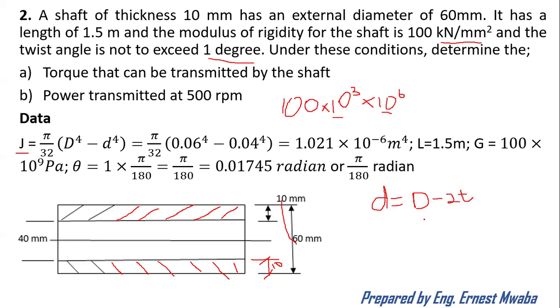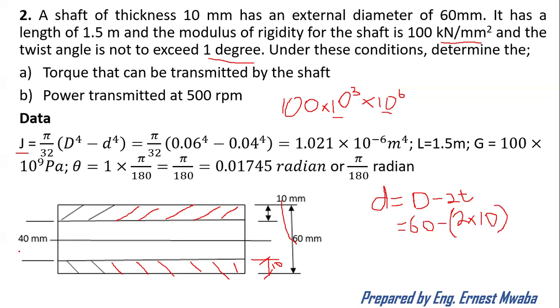So in this case, my external diameter was 60 millimeters minus twice the thickness, which is 10. Once we've done that, it gives us the 20. So that's how come now 60 minus 20, you have the 40 there. So that is our internal diameter.